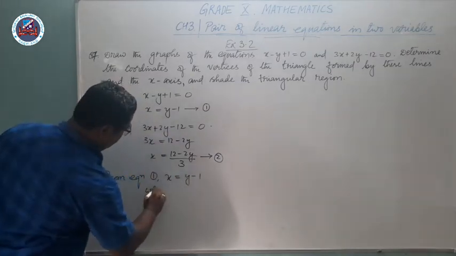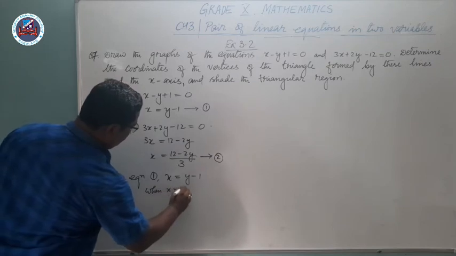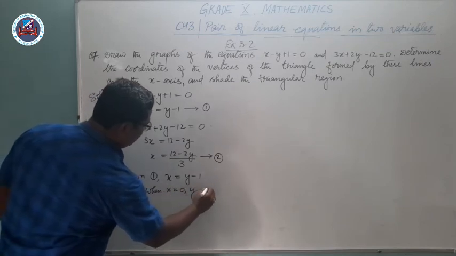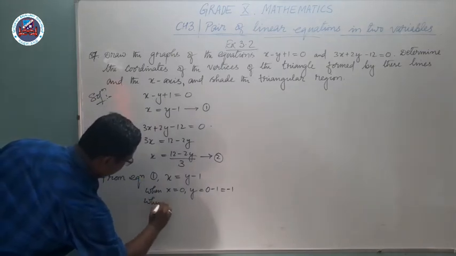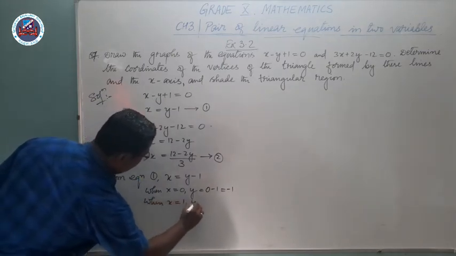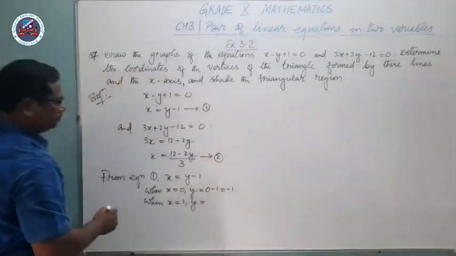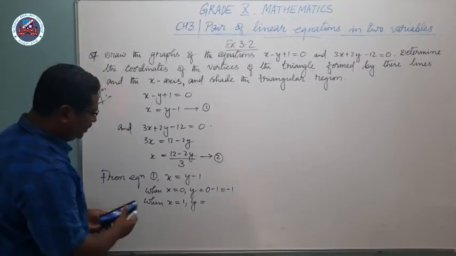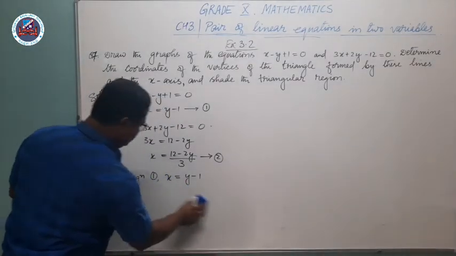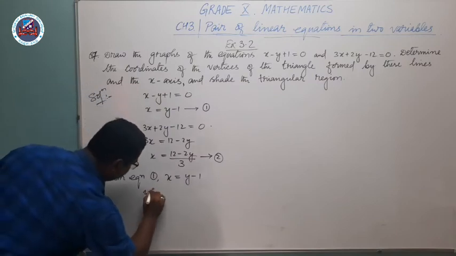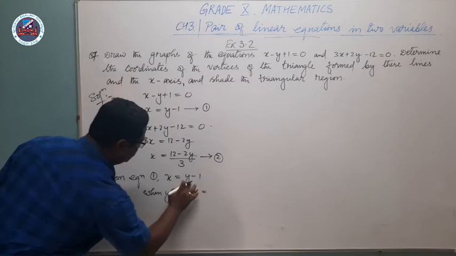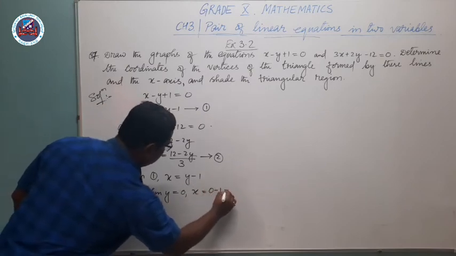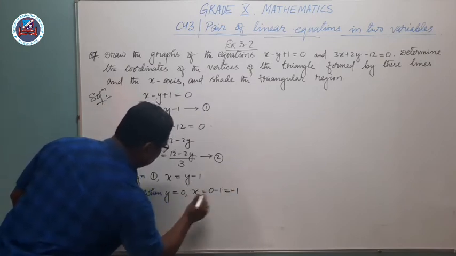So when x equal to 0, y is equal to 0 minus 1 is minus 1. When y is equal to 0, x is equal to 0 minus 1 is minus 1.